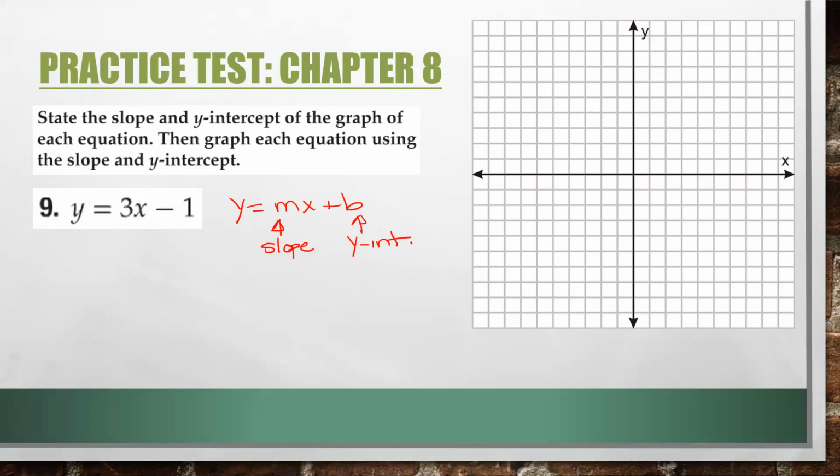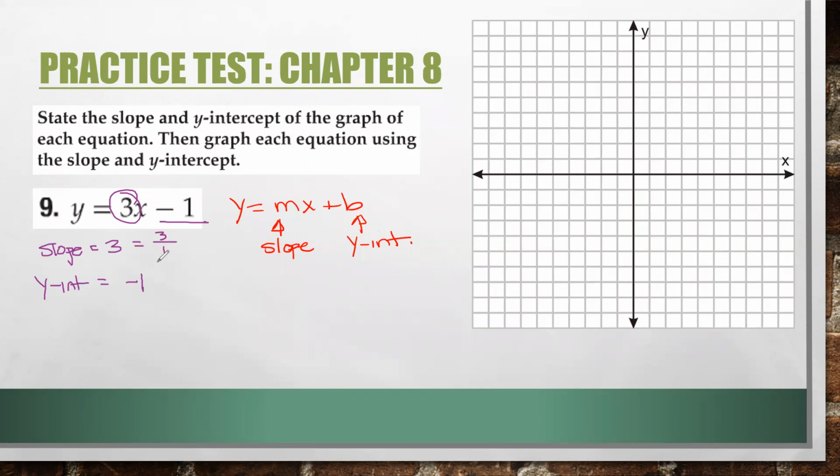So we can see here that the slope is equal to 3. And then remember, slope is rise over run. So another way is 3 over 1. Keep that in mind. And then the y-intercept is equal to -1. It's not just 1. There's a minus in front, so that would be -1.